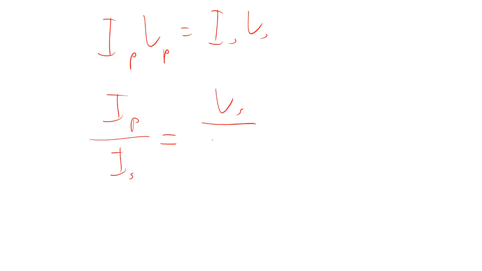So IPVP equals ISVS, so that means IP over IS equals VS over VP. So there's an inverse relationship here. So you might have a transformer that has high voltage, low current. In other words, a charger for your phone or your computer. So it would plug into the wall here, then transformer.